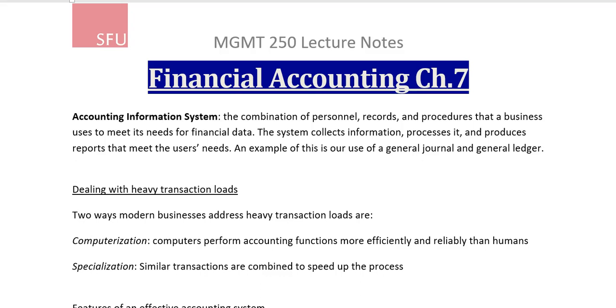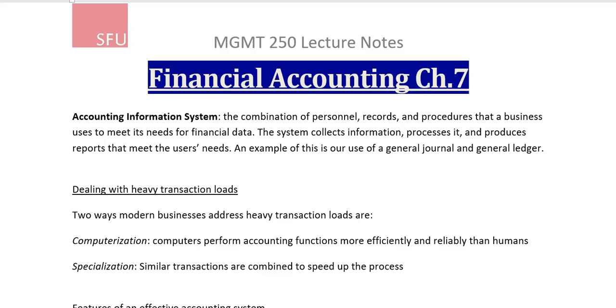Anytime you have something that's repetitive and pretty straightforward, you want to automate that process because not only is it cheaper than having a person do it, it's also more reliable. Computers tend to make fewer errors than humans when it comes to basic repetitive tasks.